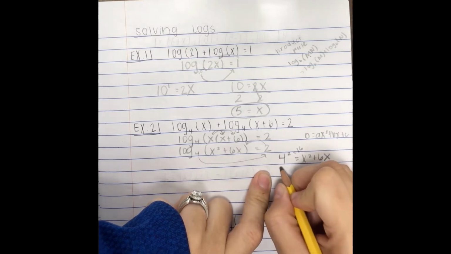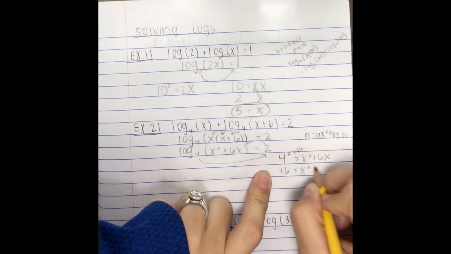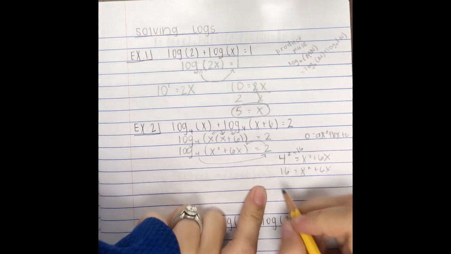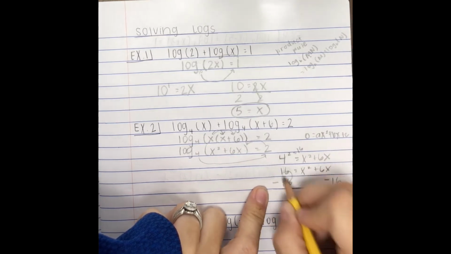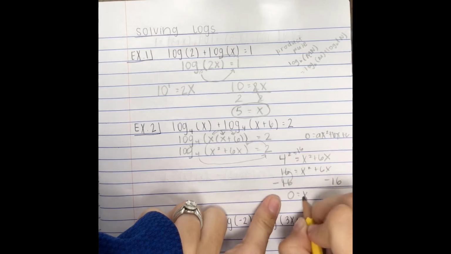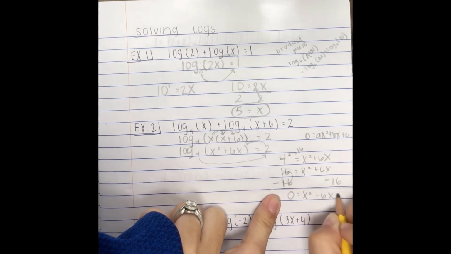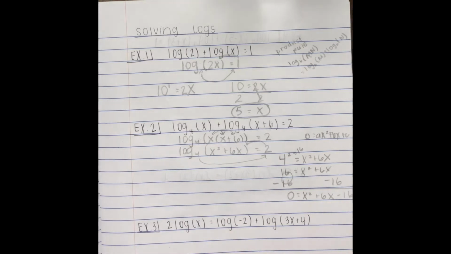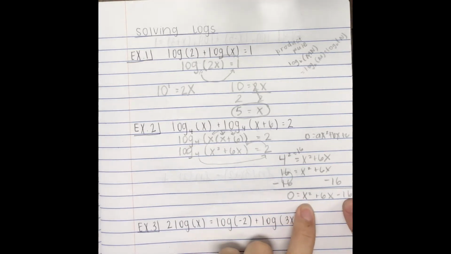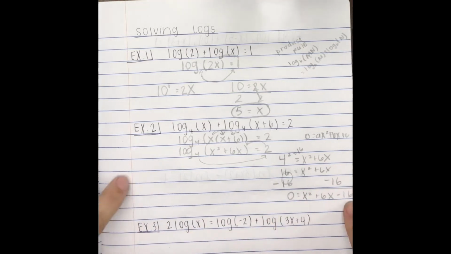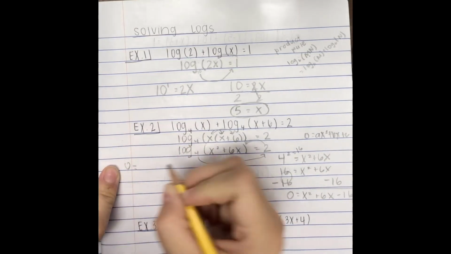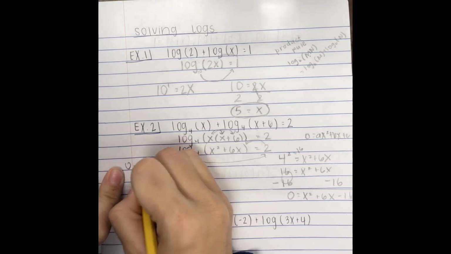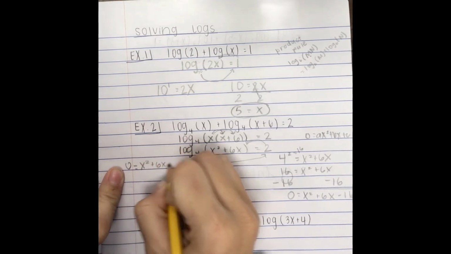Okay, so I would have 16 equals x squared plus 6x. So I'm going to do minus 16 on both sides, so that I get 0 equals x squared plus 6x minus 16.